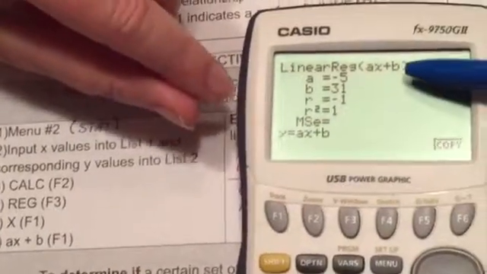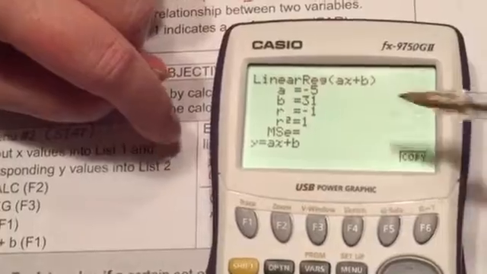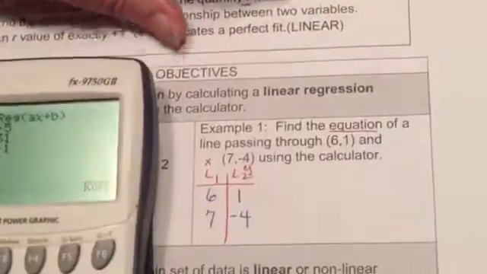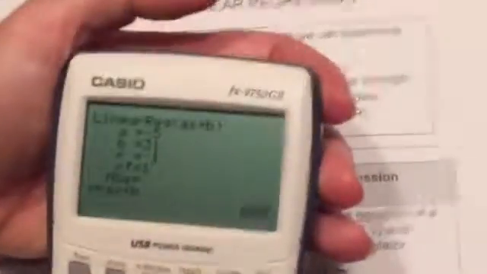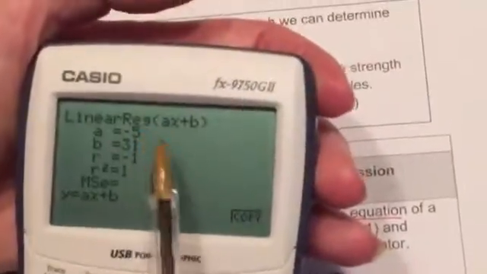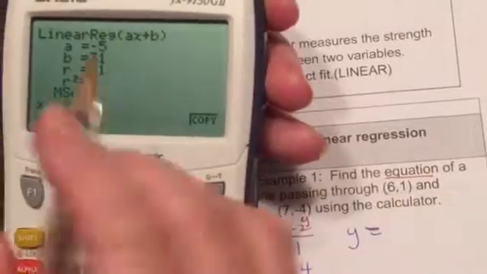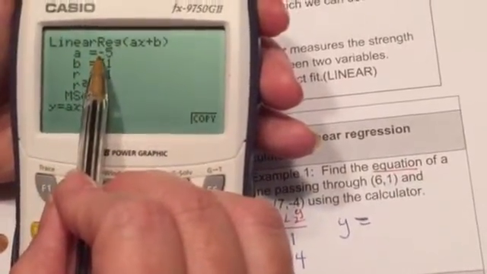Now it gives me a bunch of information, and some of it you don't need at all. What I'm going to use is the A and B. So it says AX plus B. So this is the same thing as MX plus B. So y equals, now instead of A, they tell me that A is -5.